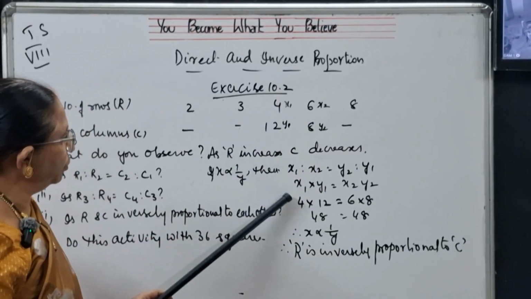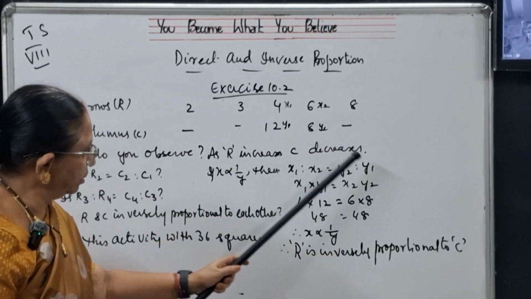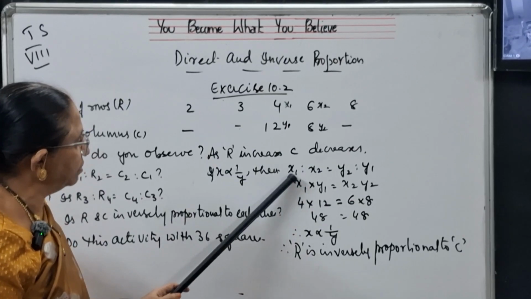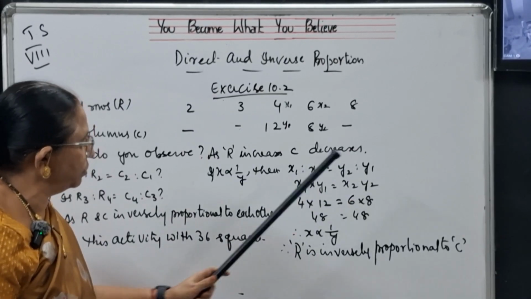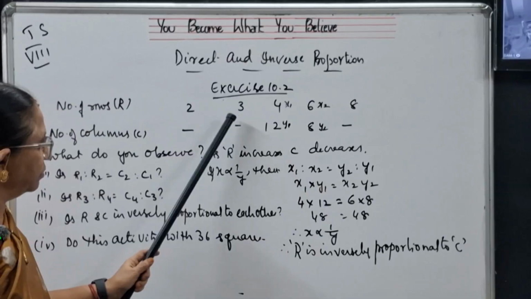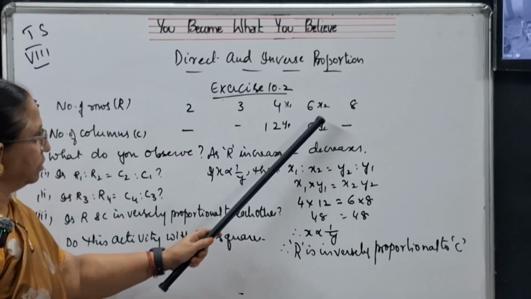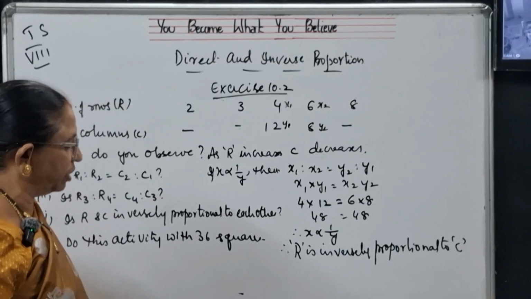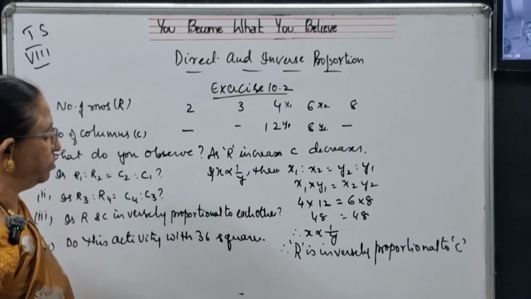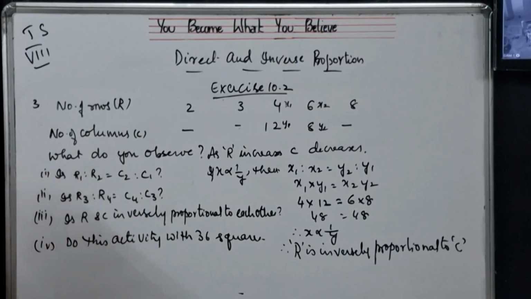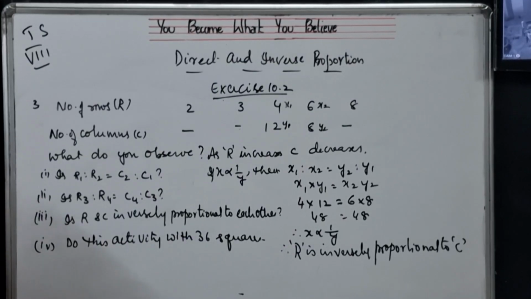By product of extremes and product of means, x1 into y1 should be equal to x2 into y2. 4 into 12, where x1 is 4 and y1 is 12, and x2 is 6 and y2 is 8, 6 eights are 48. You are getting the same. That means x is inversely proportional to y. x is the number of rows and y is columns. So rows are inversely proportional to columns. Okay, please note it down.